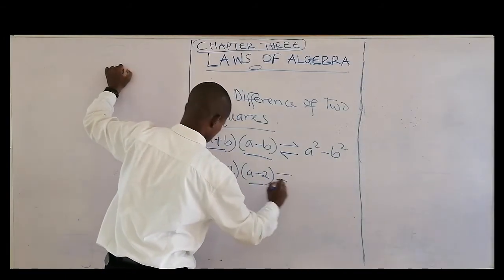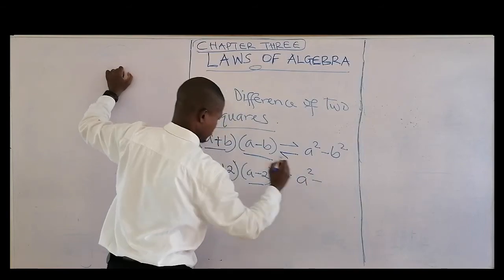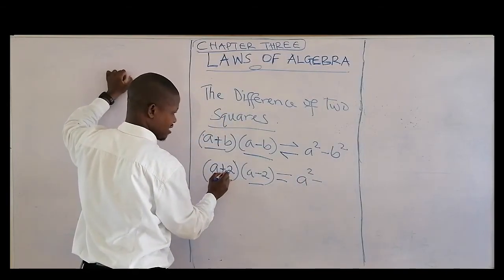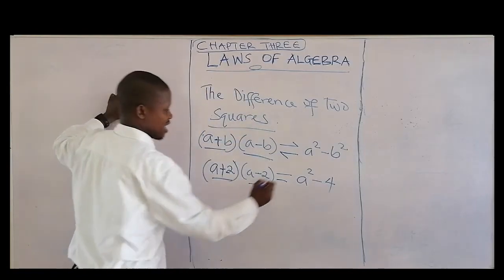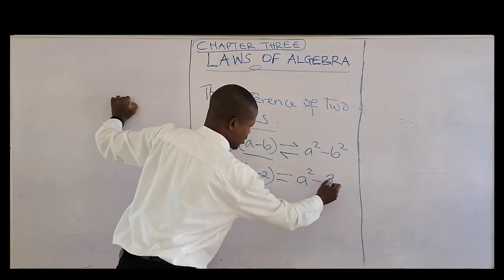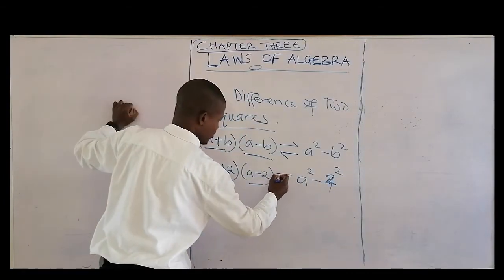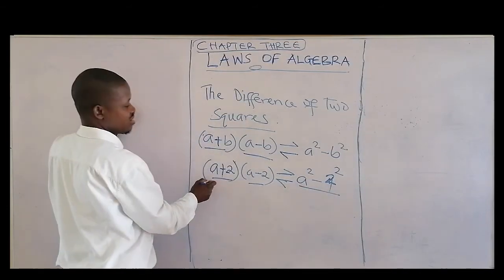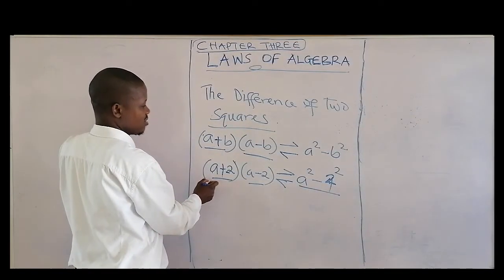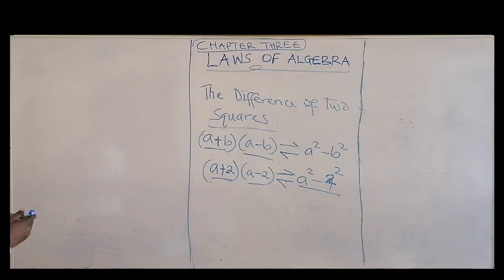This will give you a squared, and it must be followed by minus what you have here, the constant, you square it, that's 4, which is 2 squared. And this expression is reversible. If you have something like this, turn it straight away to this, and vice versa. So that's that on difference of two squares.